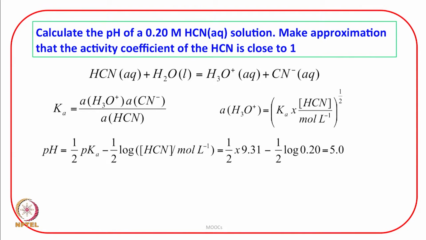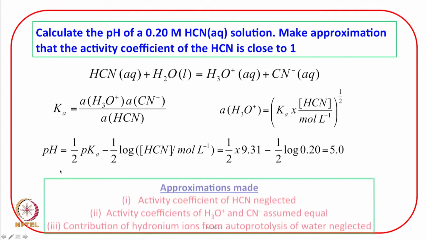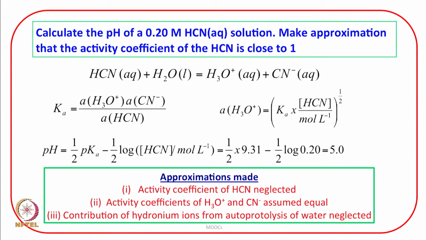As I said, for elementary chemistry, these calculations may be okay, because in these calculations we have made assumptions. And what are those assumptions? Let us take a look. The given information was to make the approximation that activity coefficient of HCN is close to 1. So, first, the activity coefficient of HCN was neglected.